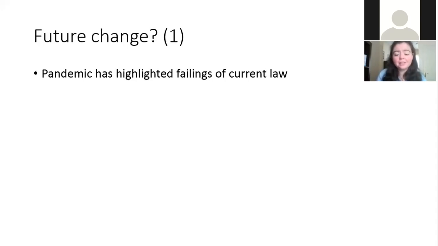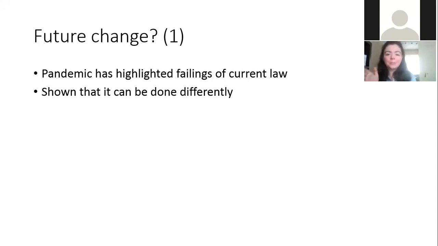But I think this has really highlighted the issues with the current law and shown to the wider public that actually things aren't necessarily as great and as liberal as we thought it was in the UK, and as easily accessible. And it's shown that it can be done differently, with what I was saying with telemedical abortion services.